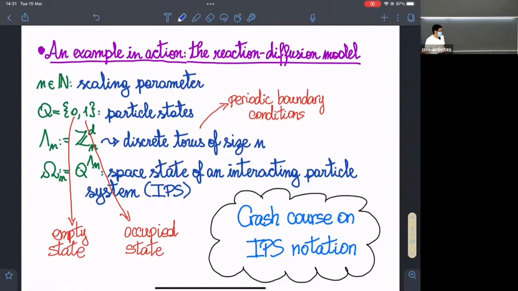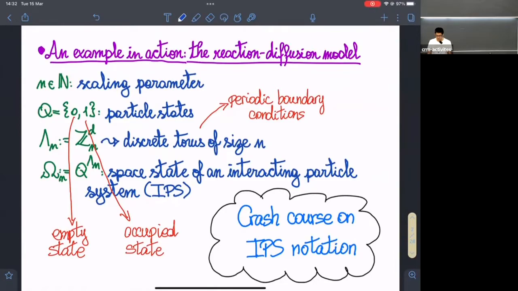Not necessarily, but when you want to discuss large scaling limits of this type of Markov chains, of interacting particle systems, there is a scaling parameter that I'm going to call n. Some people call it epsilon. It doesn't really matter.